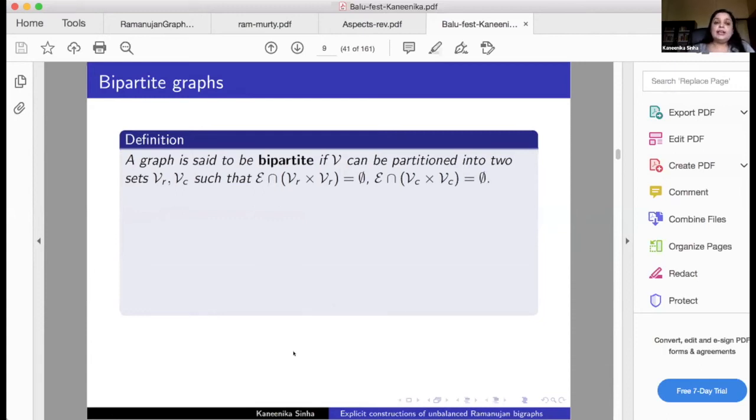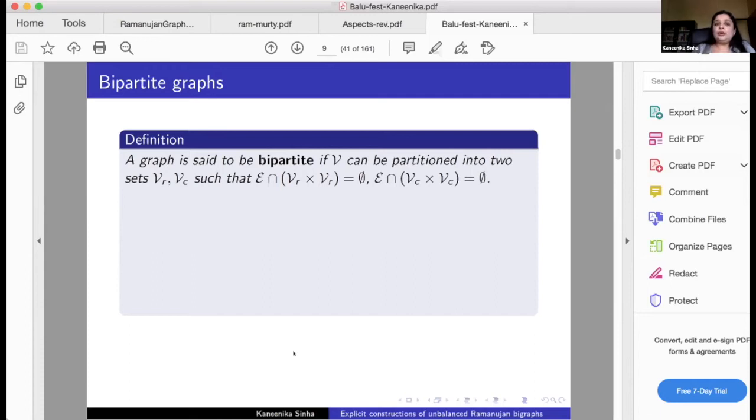bipartite graphs. A graph is said to be bipartite if you can partition the vertex set V into two sets, V_R and V_C, such that the vertices in each of the sets, V_R and V_C, among themselves are not connected to each other.